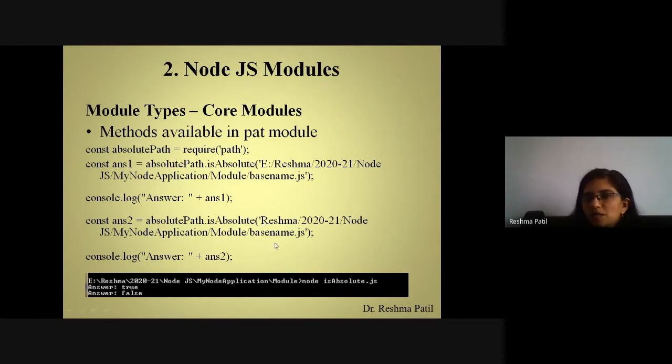So this is not a complete path, not an absolute path, and that time it will give the result false. You can check the output here. The first is a complete path, so is absolute is true. And here is the incomplete path, that's why the result of is absolute is false. So check whether the is absolute method is working properly or not. Try this.